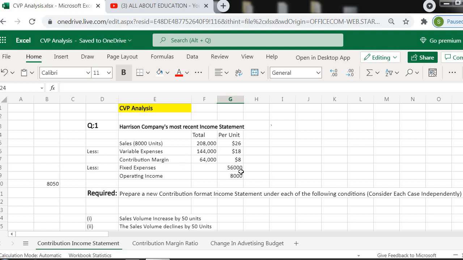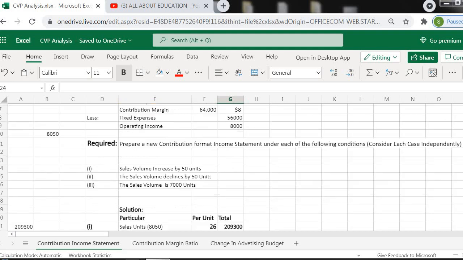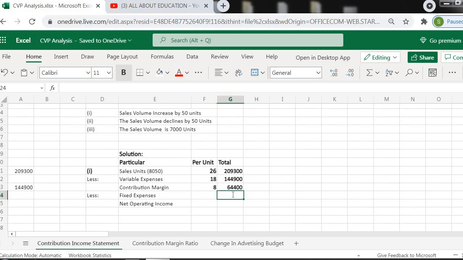Fixed expenses are 56,000, right? So when we deduct this 56,000 from 64,400, what we get? 8,400. So the net operating income is 8,400.